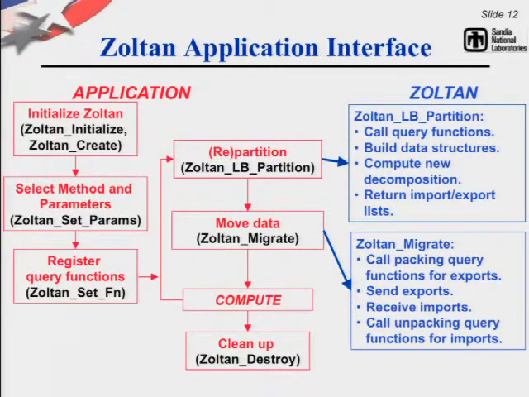It's setting a function pointer, essentially. Then you would typically partition your data, move your data, and do some computations, and then you might loop around and redo this again. And at the end, when you're done, you clean up by calling Zoltan destroy, which will free the memory that Zoltan uses, so you get a clean exit on your program.